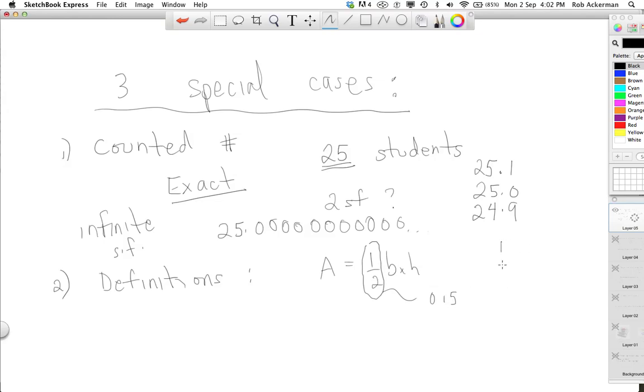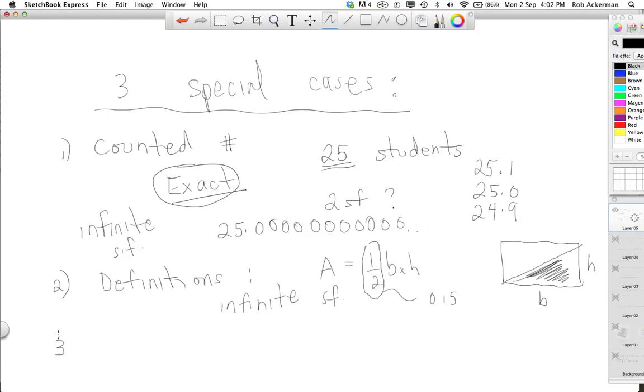Well, no, because the area of a triangle comes from imagining two triangles, as in a rectangle, and then dividing it in half and getting your triangle. That's why you do, here's the base, there's the height. Base times height gives you the whole rectangle area. Now take exactly, right, exactly half of that and get the area of a triangle. Once again, it's an exact number, so it's also got infinite number of sig figs. Okay?